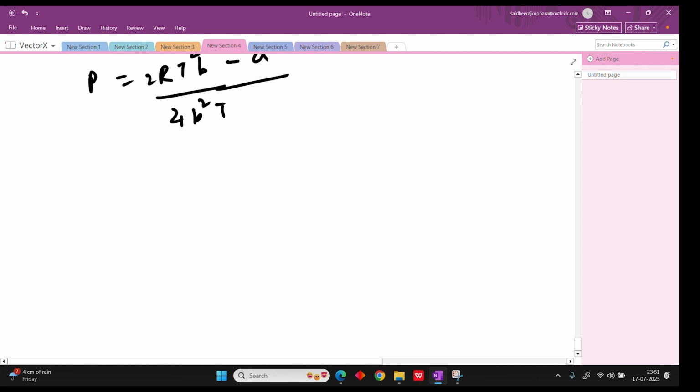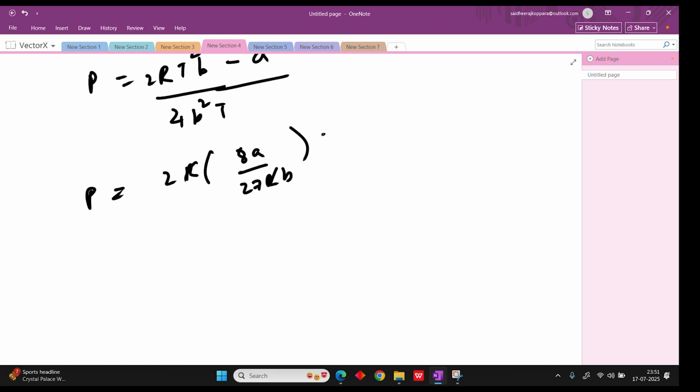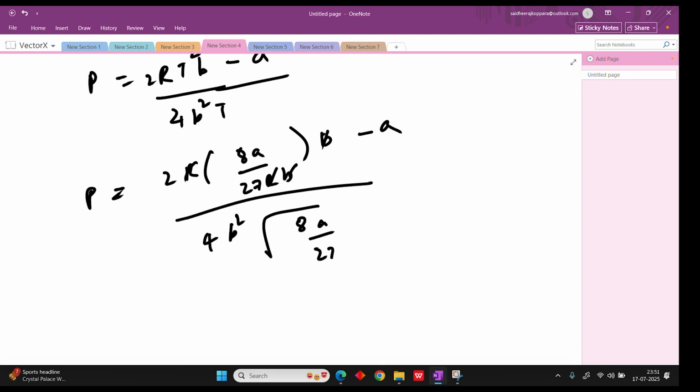Now you can simply put your T square, which is 8A by 27RB, into B minus A, and similarly 4B square into 8A by 27RB.